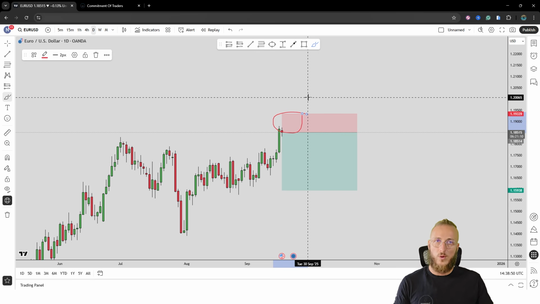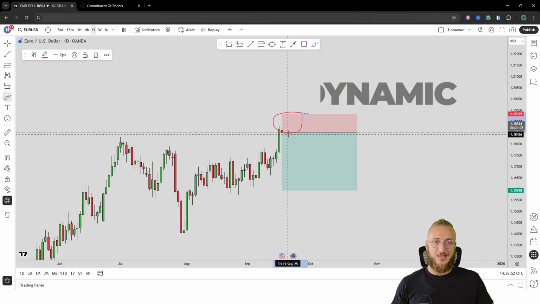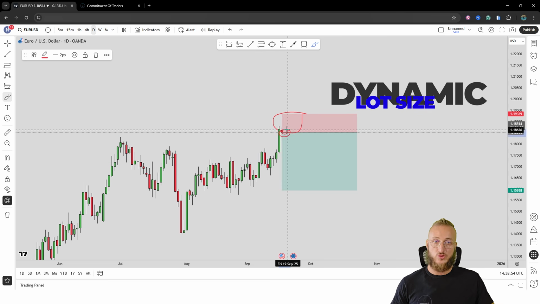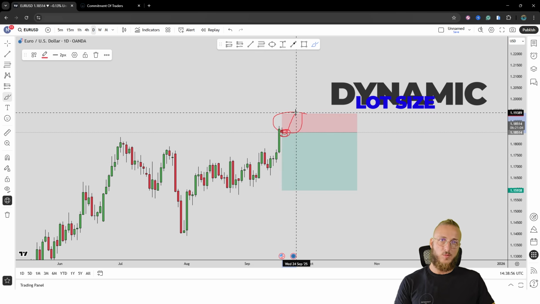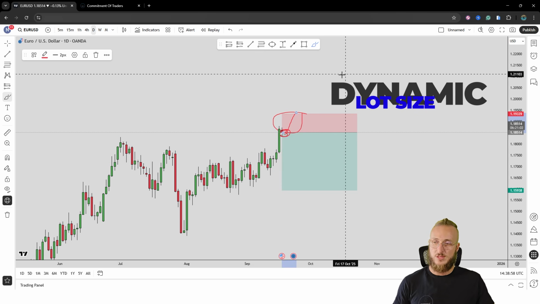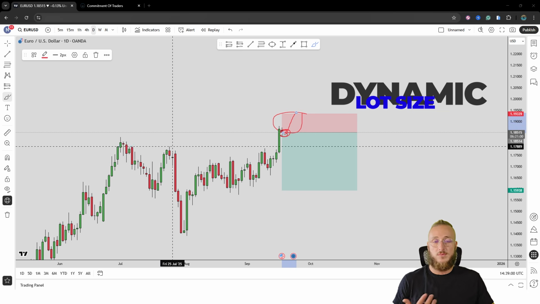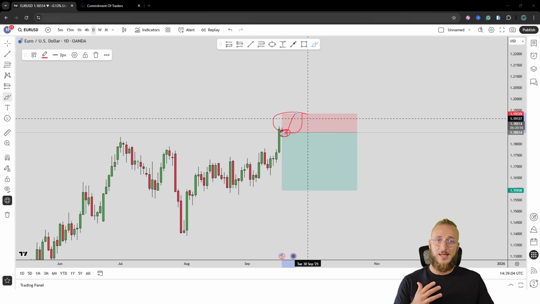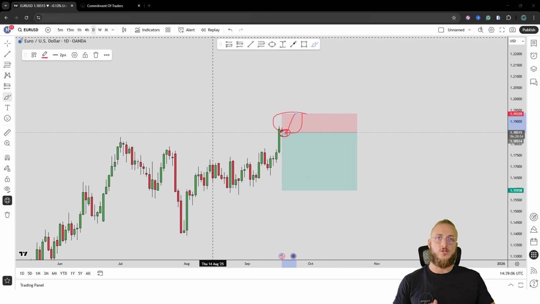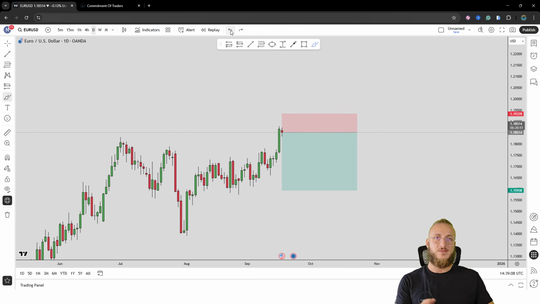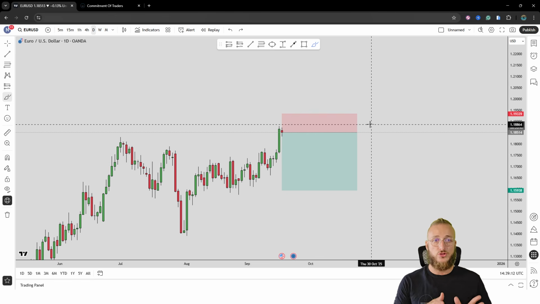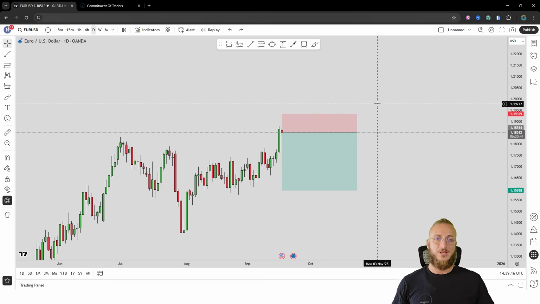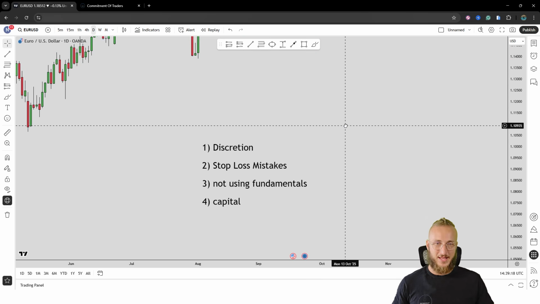Let's say, for example, 1% risk per trade. My lot size should be dynamic, so it should be adjusted so that if the market actually hits my stop loss, then it essentially should be a 1% risk or a 2% risk or a 3% risk. You should know that already from the start. So again, even this ties back to the non-discretionary aspect that your trading should have. And unfortunately, most people are trading in a discretionary manner.